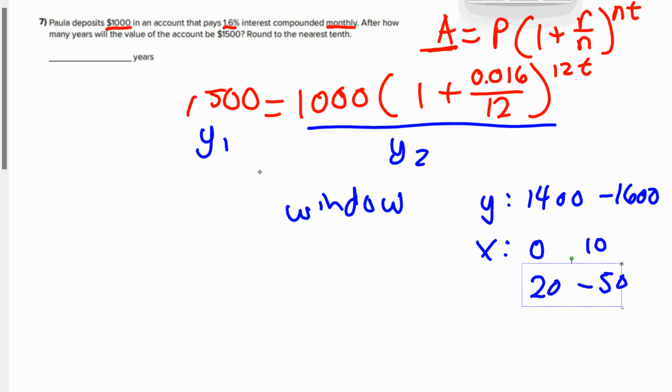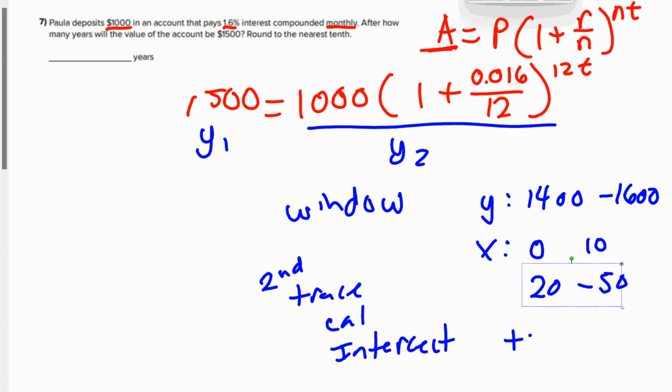And then you can hit graph, and then you can do second trace, go over to calculate, and then hit intersect. Another way to do it is just look at the table and see where y2 is equal to 1500 for your y1.